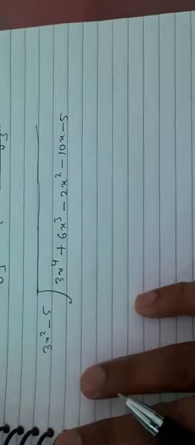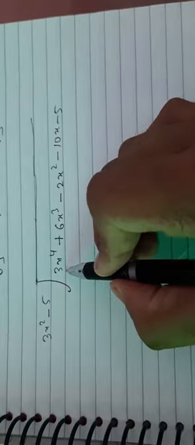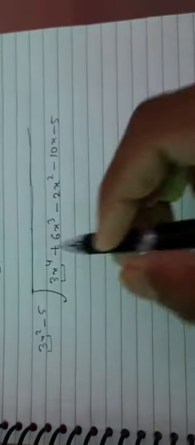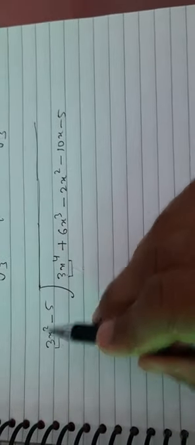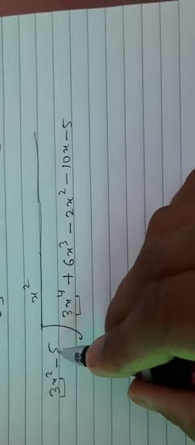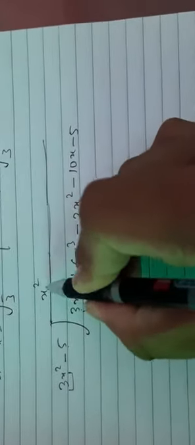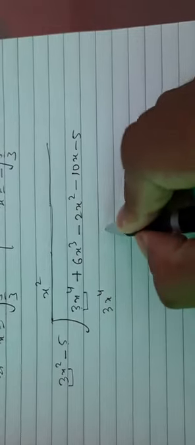Like I taught you how to divide, we divide the first term by the first term. 3 and 3 cancel, and x power 4 by x square gives x square. Now this x square multiplies both terms: x square times 3x square gives 3x power 4, and x square times minus 5 gives minus 5x square.